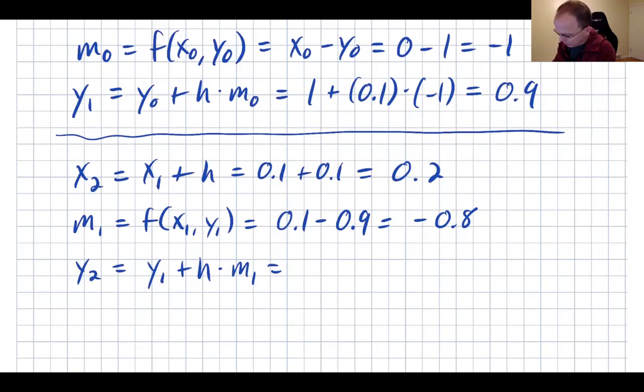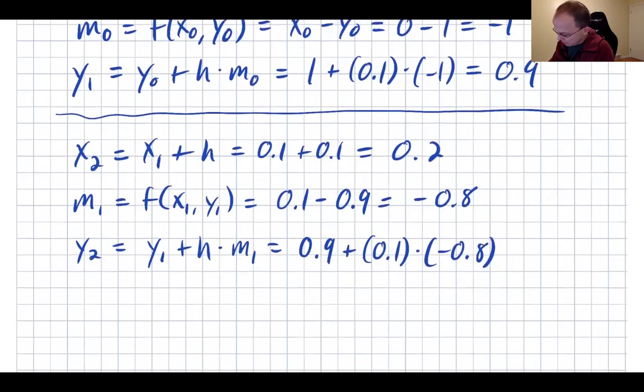So let's see, y1 is 0.9 plus h times negative 0.8. Okay, I'm already deciding to use my computer to do this calculation.